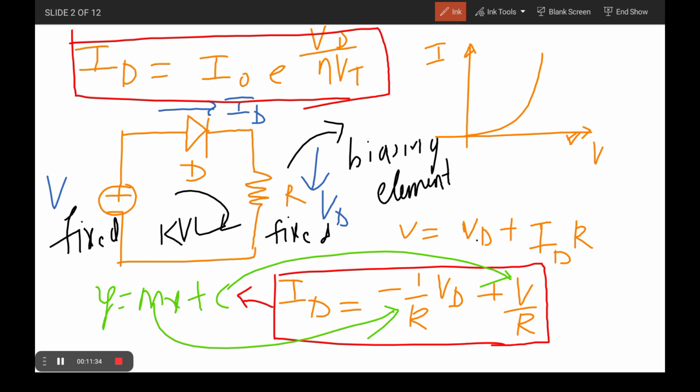This diode equation is also called the characteristic equation.